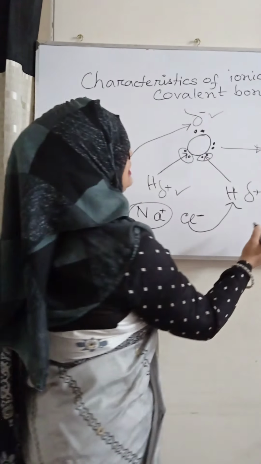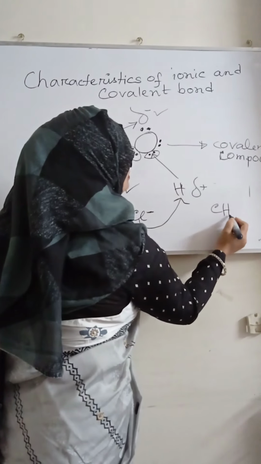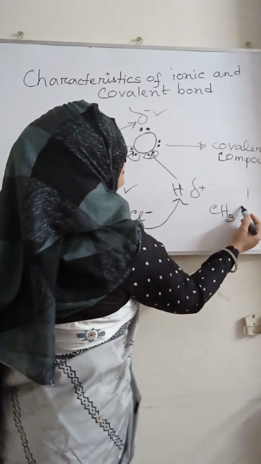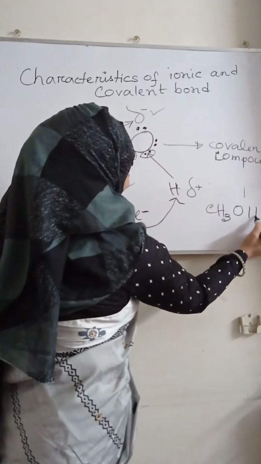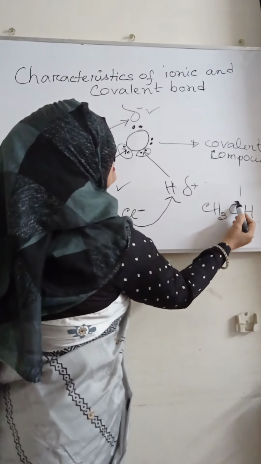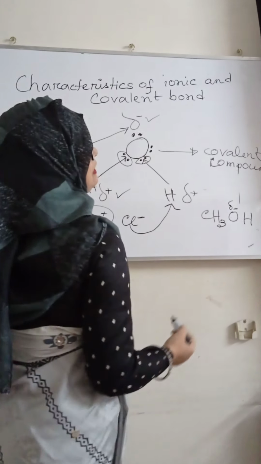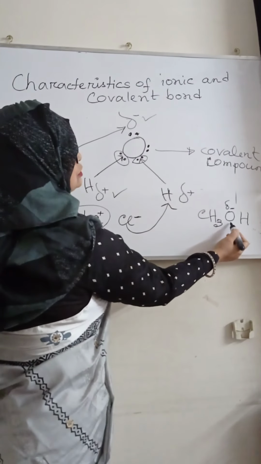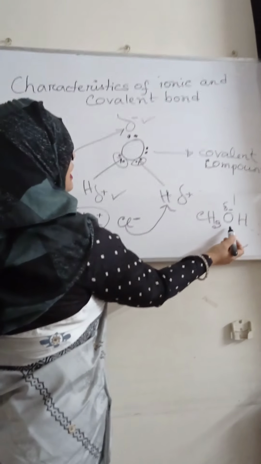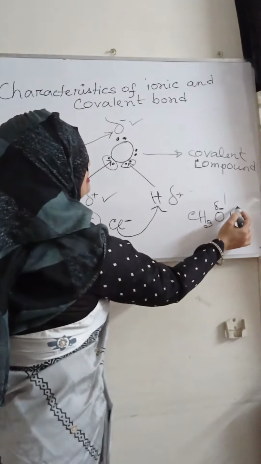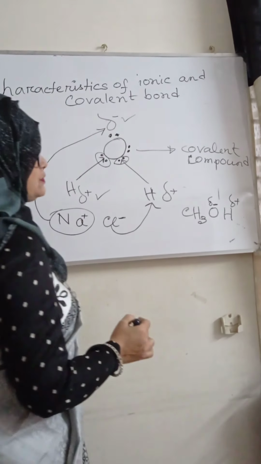For example methanol, here this oxygen has higher electronegativity than hydrogen, and it creates a partial negative charge, and here it creates a partial positive charge.